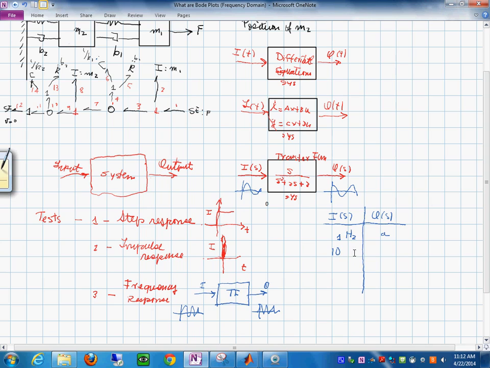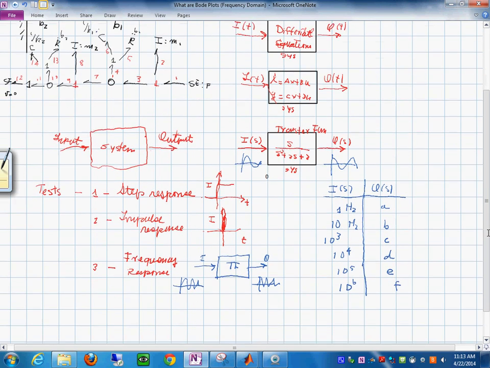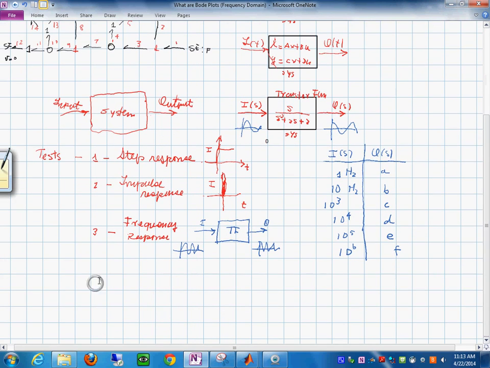You have 10 hertz, value B. I'm recording the response. 10 to the third, value C. 10 to the fourth, D. 10 to the fifth, E. 10 to the sixth, F.